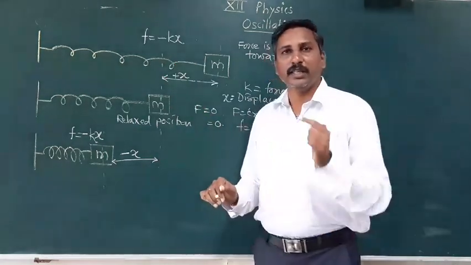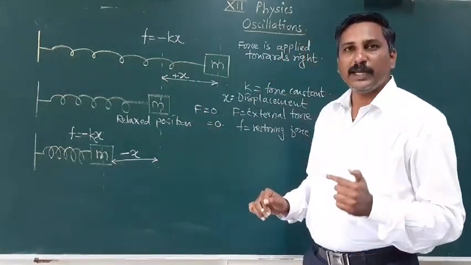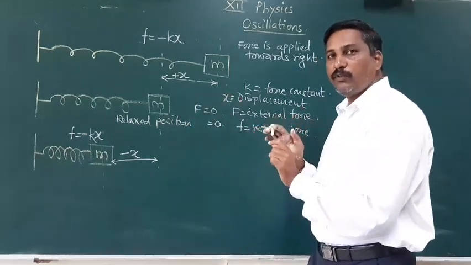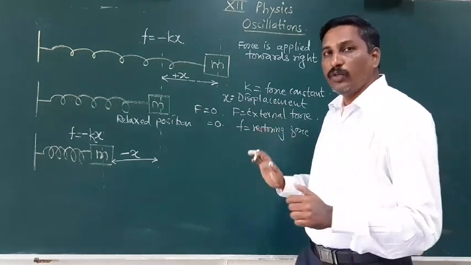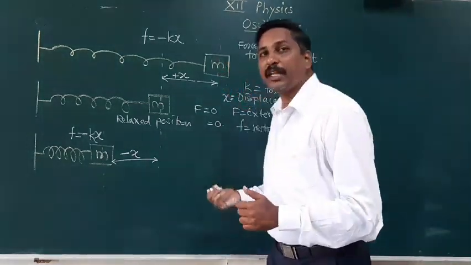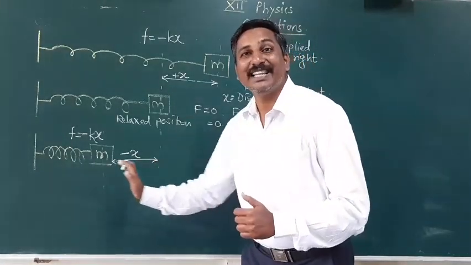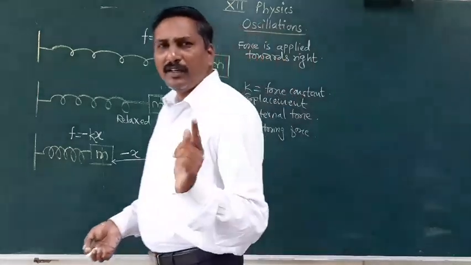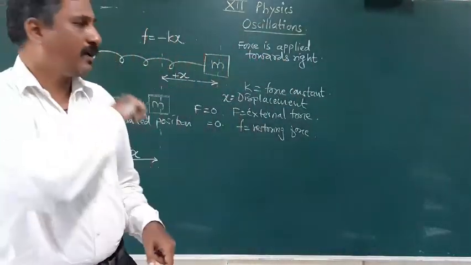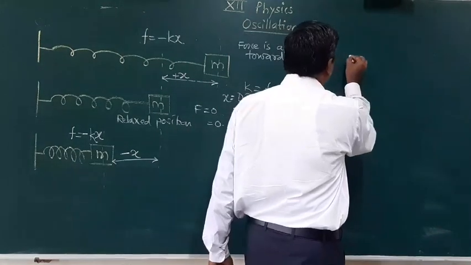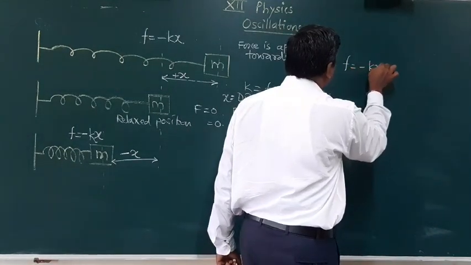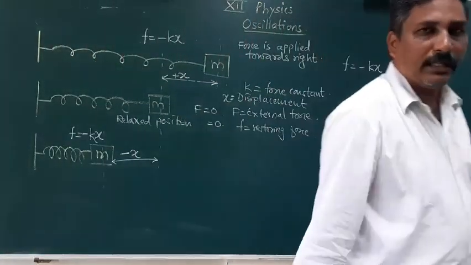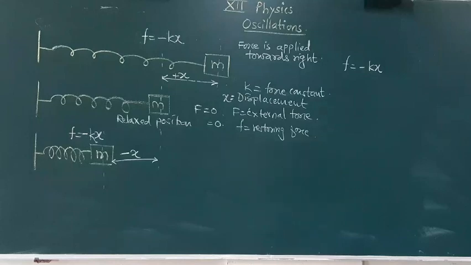During the compressed position, displacement is negative towards the left, no external force, and restoring force is towards the right, displacement towards the left, so both are opposite to each other. But remember, force is a vector and displacement is a vector. So we get this equation F equals minus Kx. If someone wants, draw a short diagram so we can understand easily.